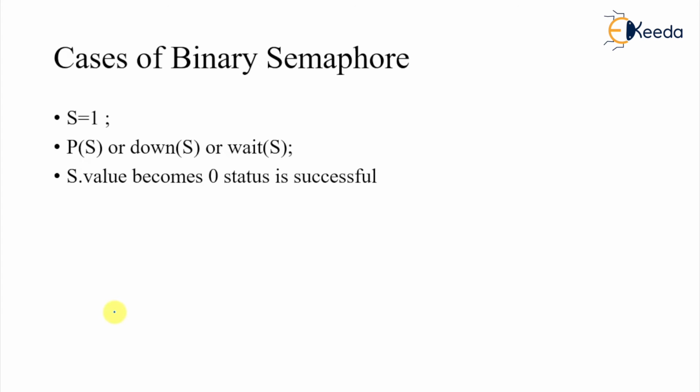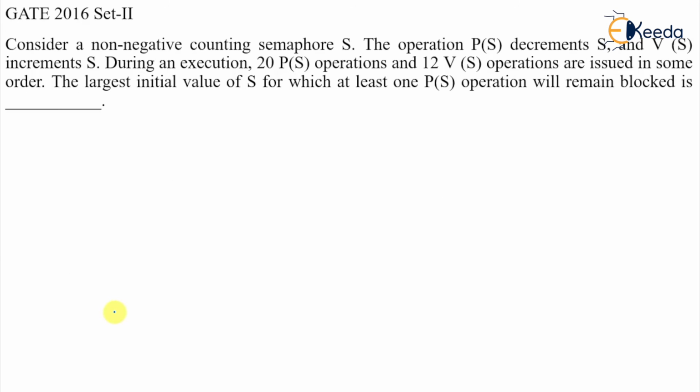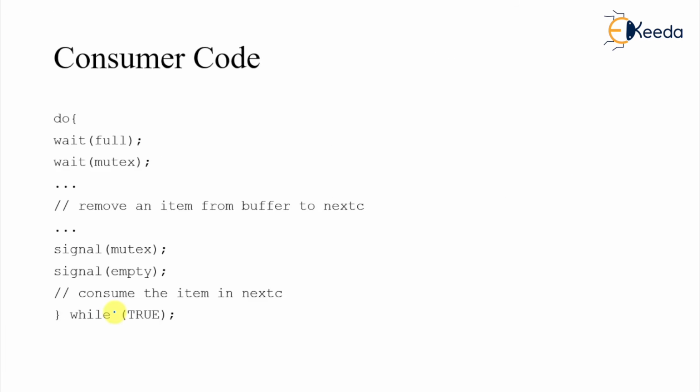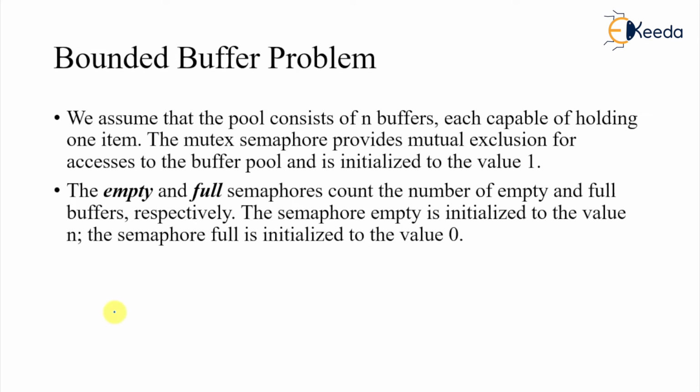Now this is problem solving. We assume that the pool consists of n buffers, each capable of holding one data item. The mutex semaphore provides mutual exclusion for accessing the buffer pool, and is initialized to the value 1.